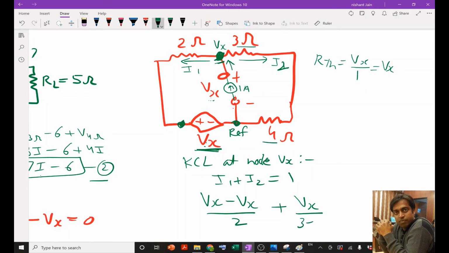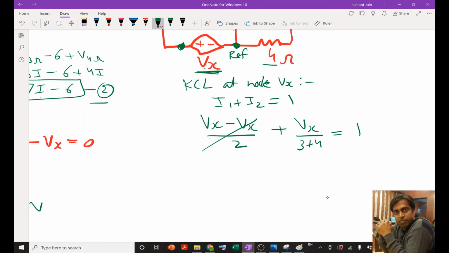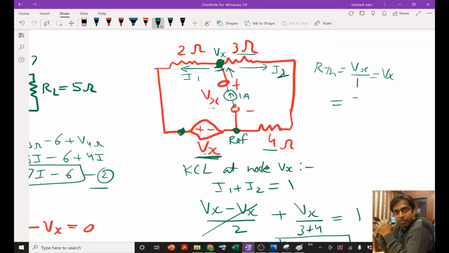So 3 plus 4 equals 7. Vx minus Vx will become 0, so our Vx will be equal to 7. So it means substituting this value of Vx over here, I will get RTh equal to 7 ohm.